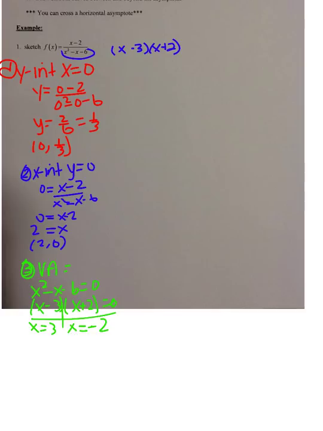Now I need my horizontal asymptotes. Remember, you look at the degrees. So I have x to the first over x squared. So the degree of the numerator is less than the degree of the denominator. So that means my asymptote is y is equal to 0, because it means it's approaching 0.